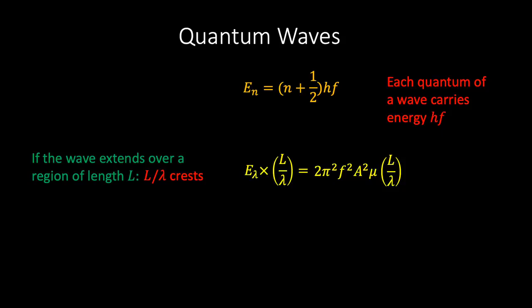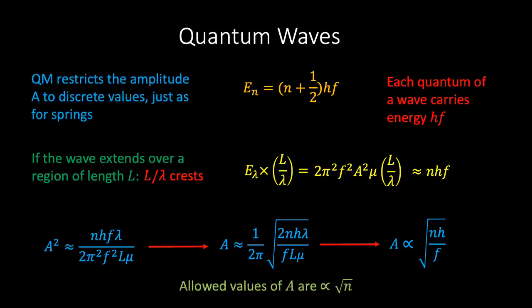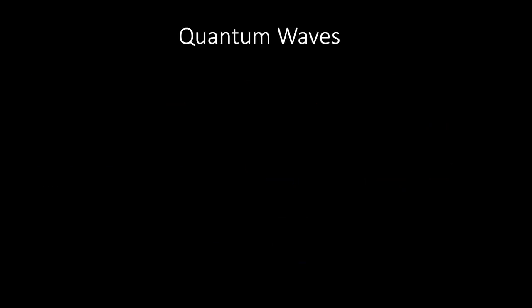And this is essentially equal to nhf, as for large values of n we can safely ignore the contribution of the 0-point energy. If we then rearrange this expression for the amplitude A, we find the following blue expression, and we see that quantum mechanics restricts the amplitude of the wave to discrete values, just like for the oscillation of a spring.